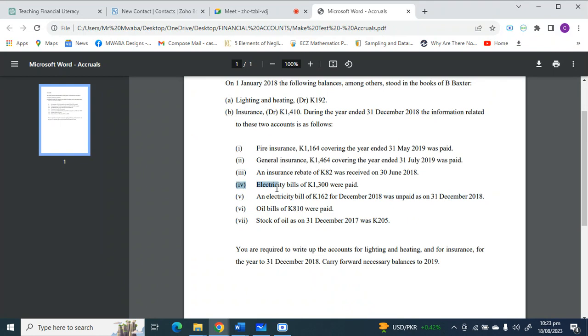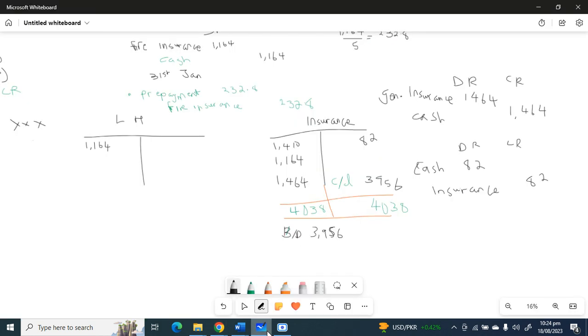Number 4, electricity bills of 1,300 were paid. So electricity bills, we can relate them to the lighting and heating account. It says electricity bills.